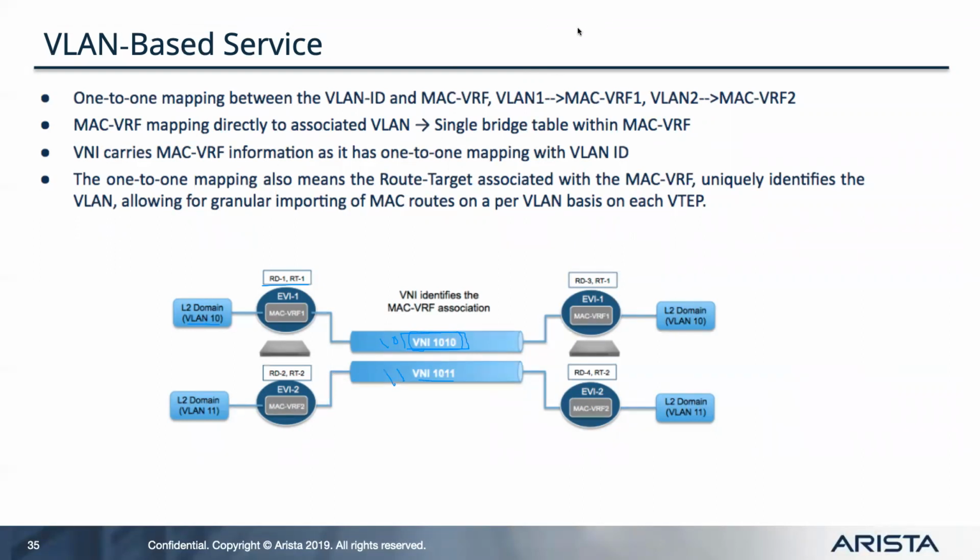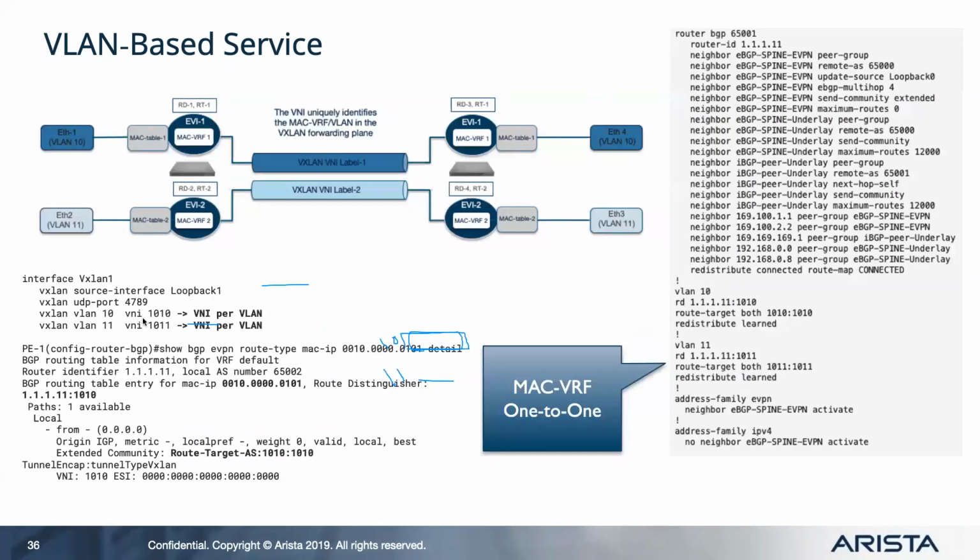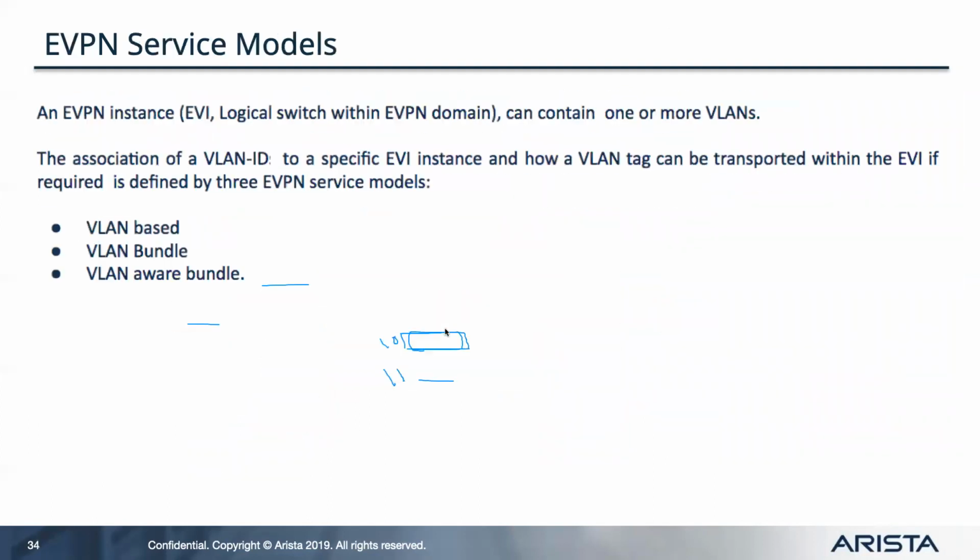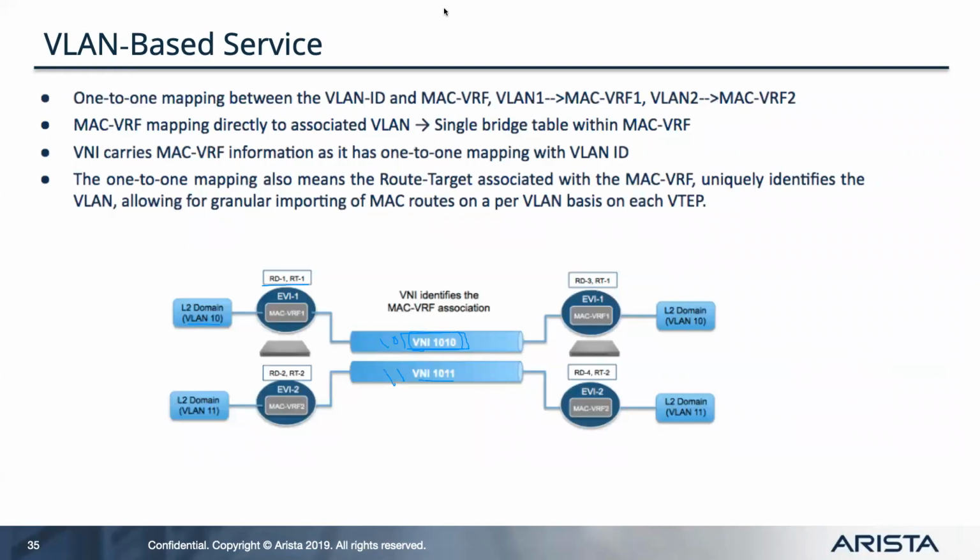In VXLAN, we configure different VNIs for different VLANs, VLAN 10, VLAN 11. Why? Identification of the VLAN. Yes. So can you tell me this VNI information will be in which part, where you want to identify? Control plane, data plane? It should be in the VXLAN header.